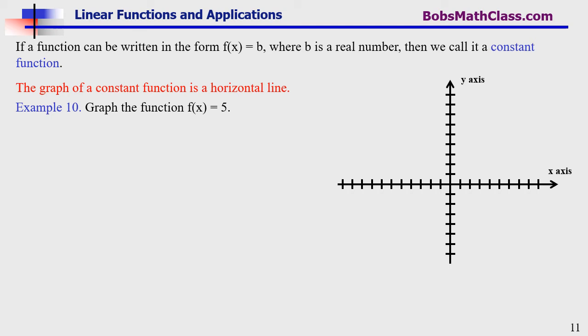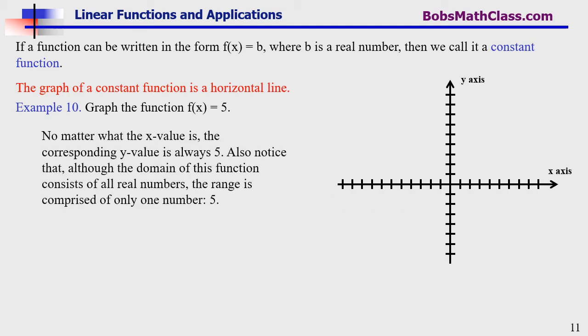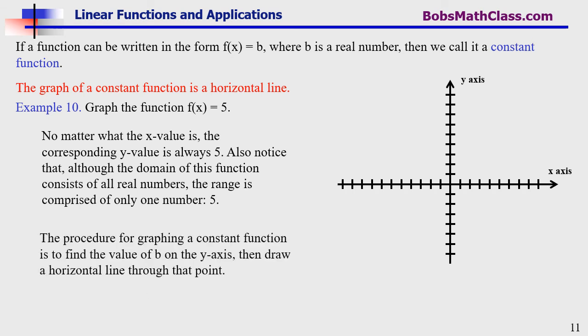So f of x equals 5. No matter what the x value is, it's always 5. The y value is always 5. Although the domain of the function consists of all real numbers, the range is comprised of only one number, 5. So all you do is go to 5 on the y-axis and then draw a horizontal line through that point.